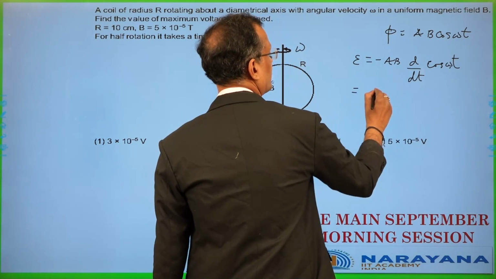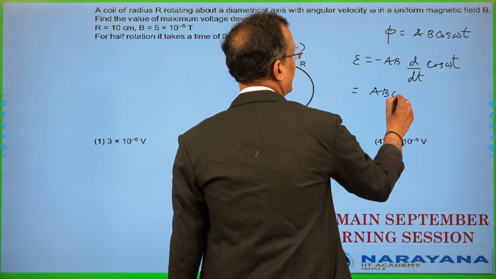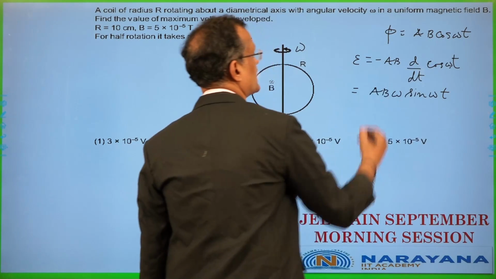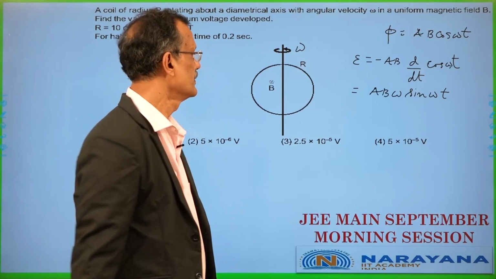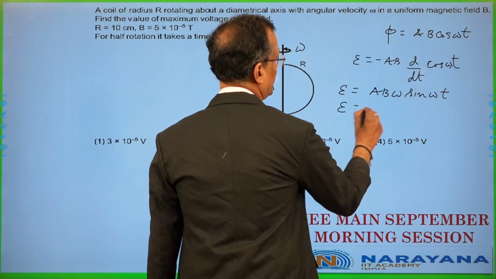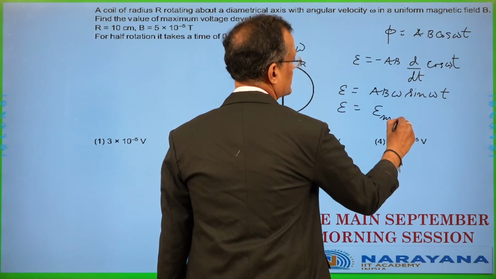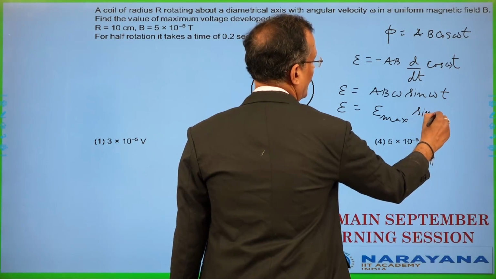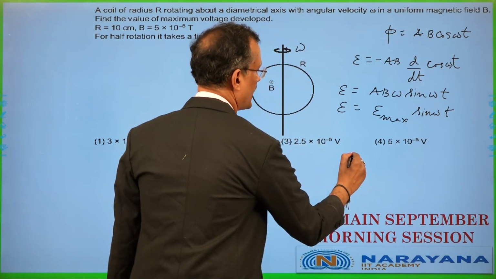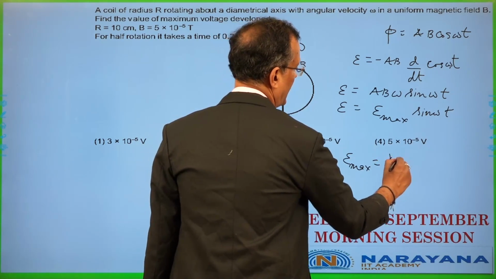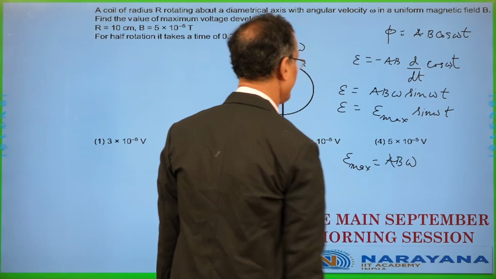So this will become AB omega sin omega t, minus minus plus. Clear to you? So E max, you know maximum value of sin omega t is 1. So my E max is equal to AB omega.